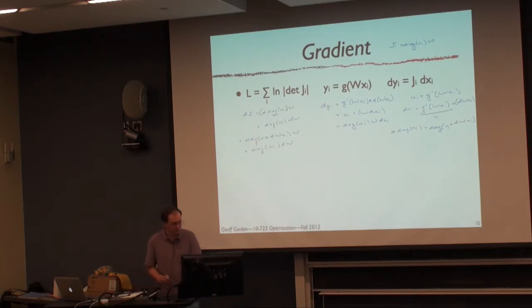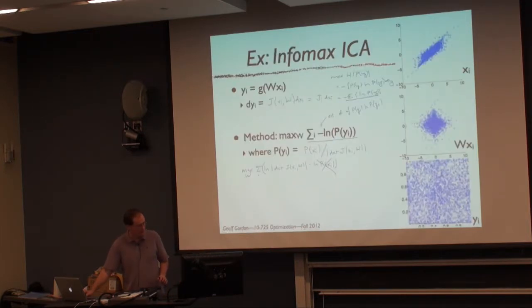So we've taken the gradient, right? So if we look here, what we want to do is maximize the sum of the log of the determinant of J of x_i W. And so now we're finally ready to take the differential of that function with respect to W. And the reason we've done all of this work is that once we get the differential with respect to W, we'll be able to get the gradient and do gradient descent.